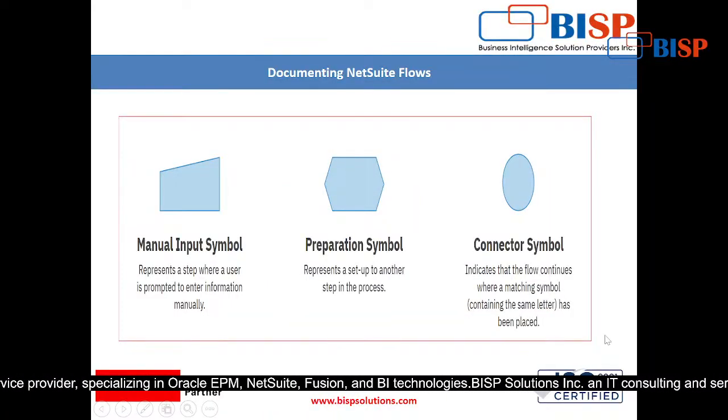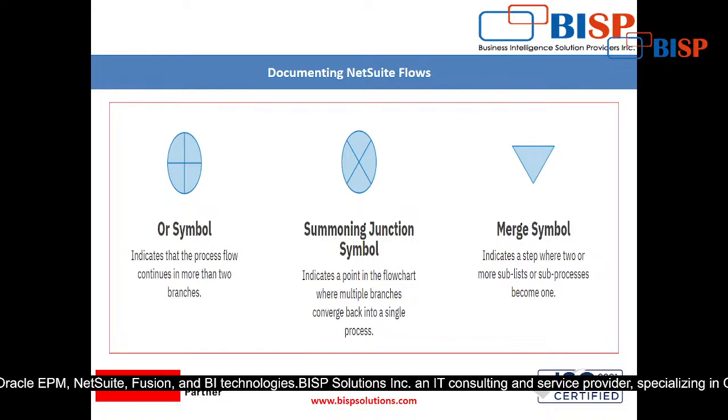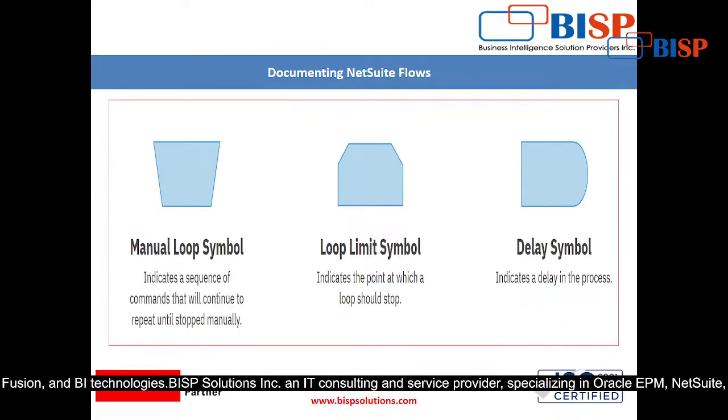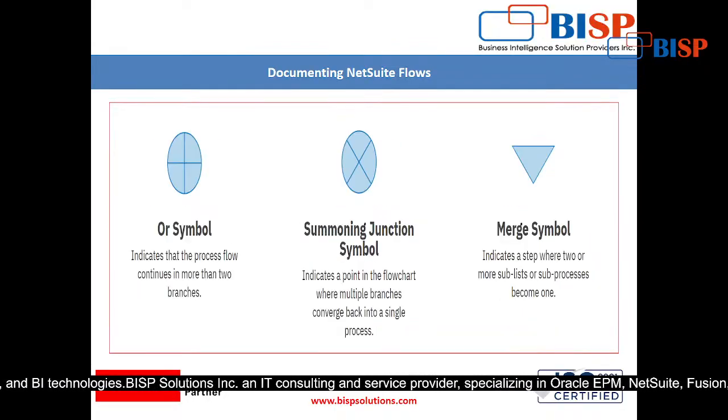Now let's see this connector symbol. This is the connector symbol, which indicates that the flow continues where a matching symbol containing the same letter has been placed. Okay, then you will see here the OR symbol. Now see, there are n number of symbols. It is not necessary that every symbol will be used, but I will show you. The OR symbol indicates that the process flow continues in more than 2 branches, right?